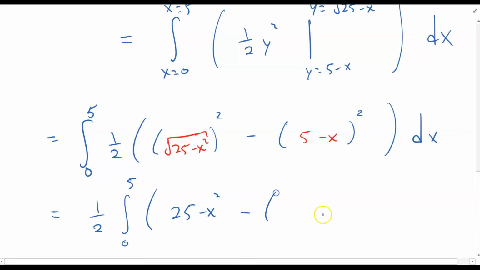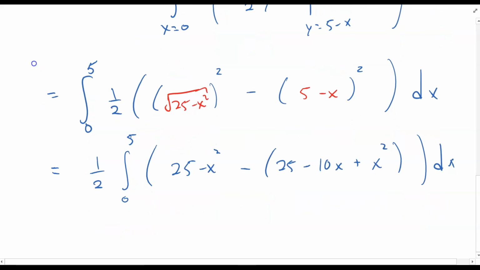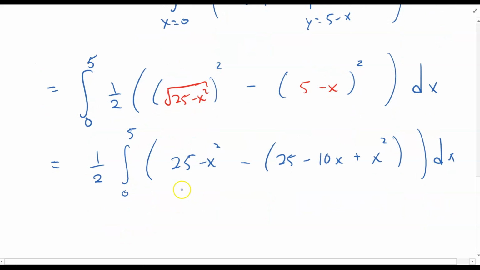Now we need to square this binomial out. All right, when we square that binomial, we get 25 minus 10x plus x squared. All right, and then we have to distribute the negative sign through the parentheses there. All right, doing that, I'll just rewrite it and then we'll combine like terms. We get minus 25 plus 10x minus x squared.